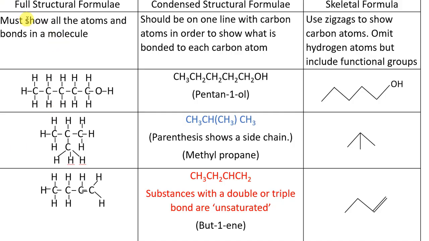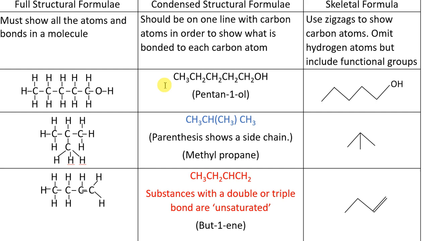So, full structural formulae must show all the atoms and bonds in a molecule. For pentan-1-ol, 5 carbons, OH on carbon 1 at the end, all bonds shown. Condensed structural formulae should be on one line, that's a big point, with carbon atoms in order to show what is bonded to each carbon atom.